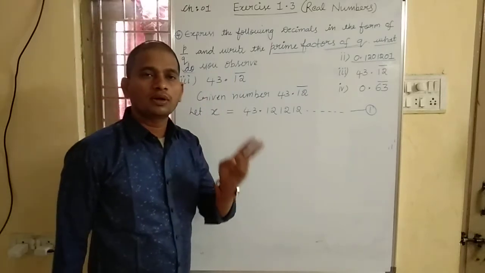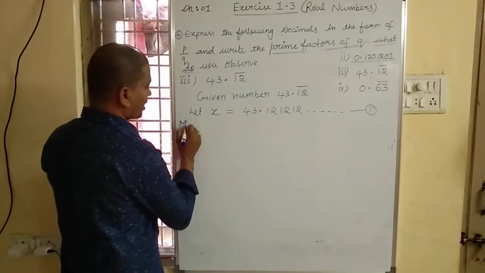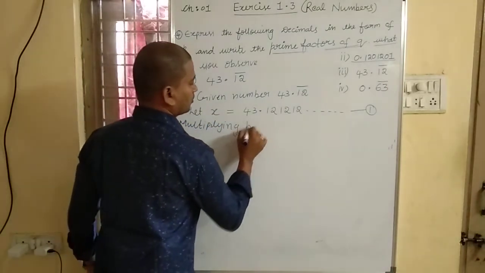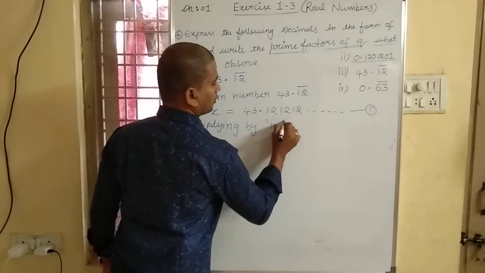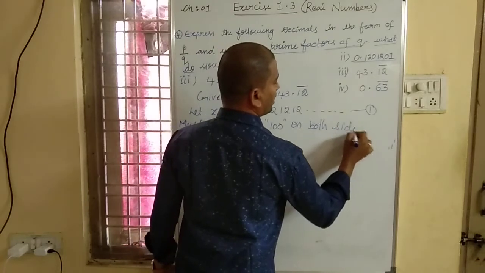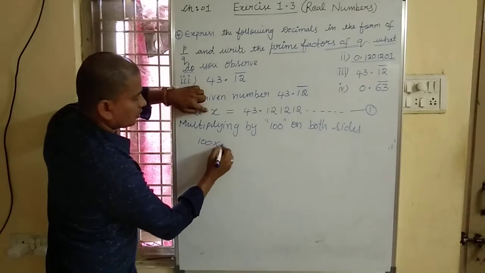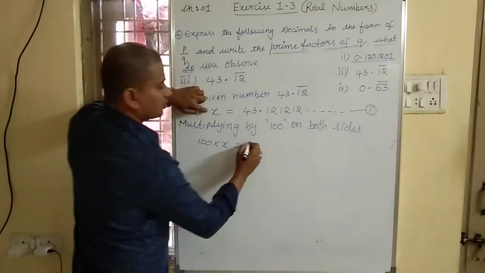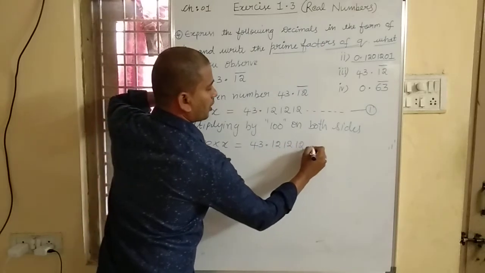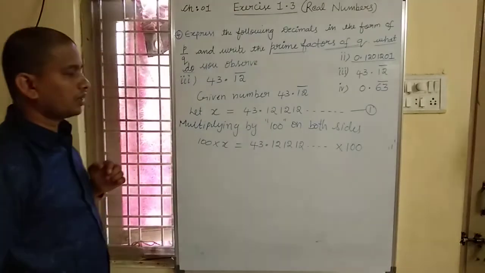So multiplying by 100 on both sides. 100 into x is equal to 43.1212 and so on, into 100.